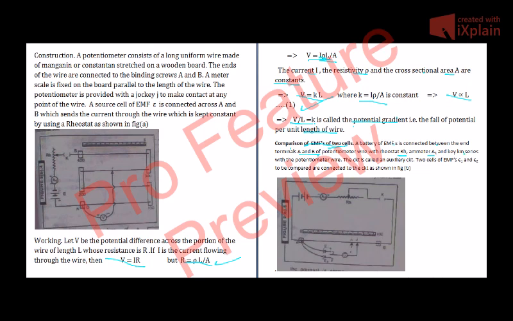It is not kin, it is key in series with the potentiometer wire. The circuit we get is called an auxiliary circuit. Now there are two cells of EMFs E1 and E2 to be compared, connected to the circuit as shown in the figure, as you can see in the figure.